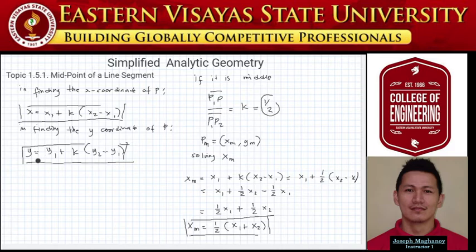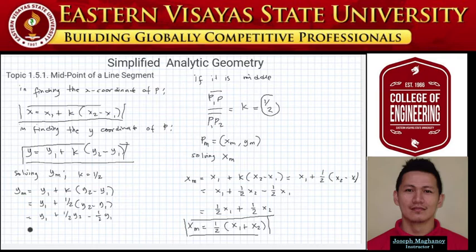Similarly for your y, solving for y sub M, y middle is y sub 1 plus k times (y sub 2 minus y sub 1). Again, our k is equal to 1/2. So substituting, y sub 1 plus 1/2 times (y sub 2 minus y sub 1), which is y sub 1 plus 1/2 y sub 2 minus 1/2 y sub 1.